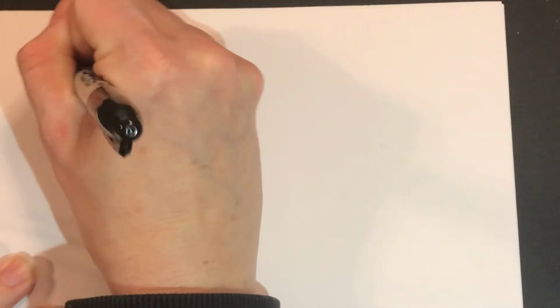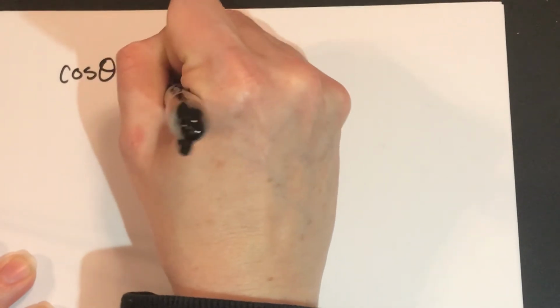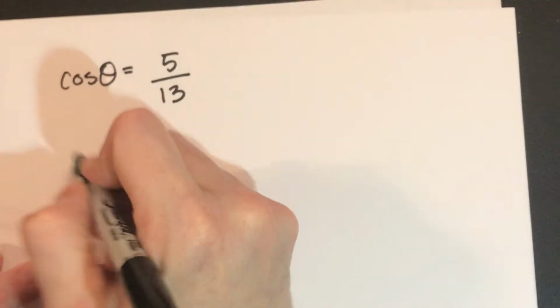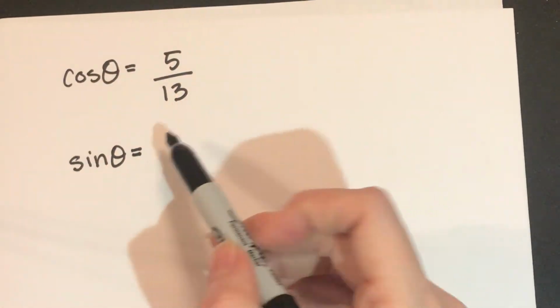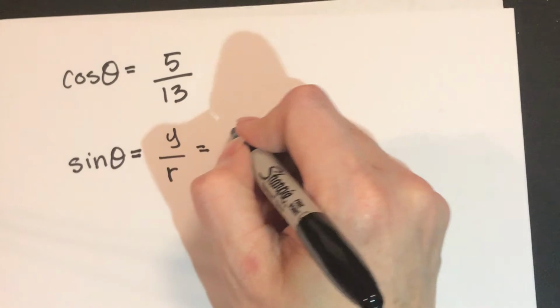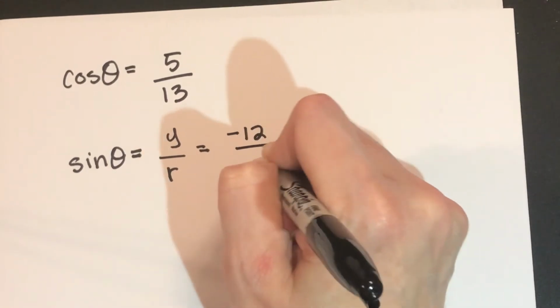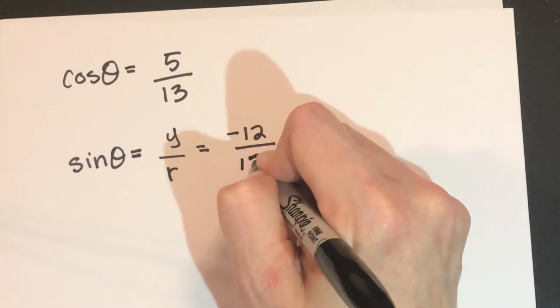We already have the cosine. It gave us that, 5 over 13. The sine is y over r. We found that y was negative 12, and r is 13.